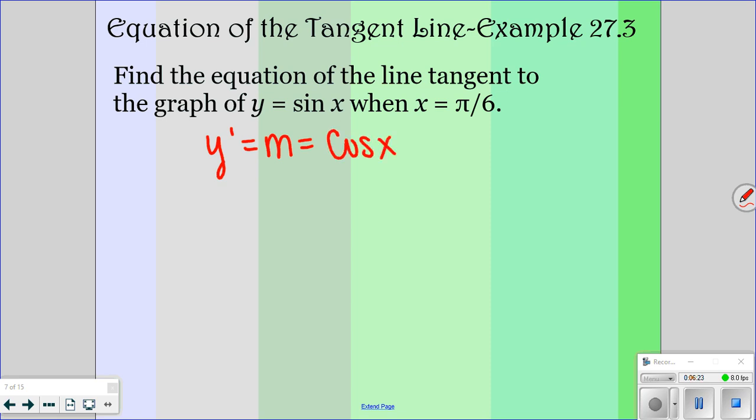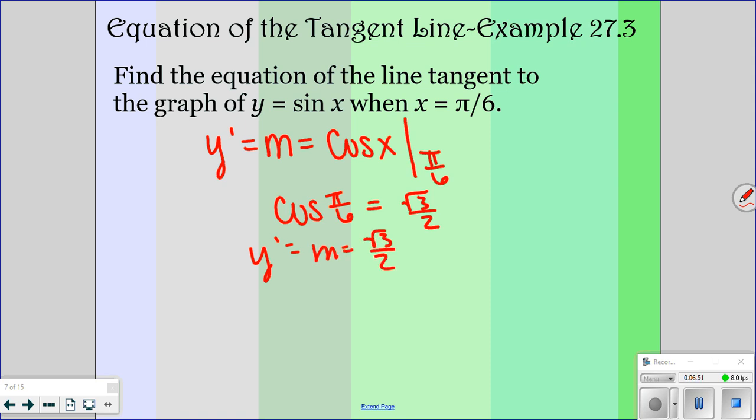Okay, so that's your derivative, and then we want to evaluate it at pi over 6. So what is the cosine of pi over 6? That's the same thing as 30 degrees. So what is cosine of 30 degrees? Square root of 3 over 2. So our derivative, our slope, is square root of 3 over 2.